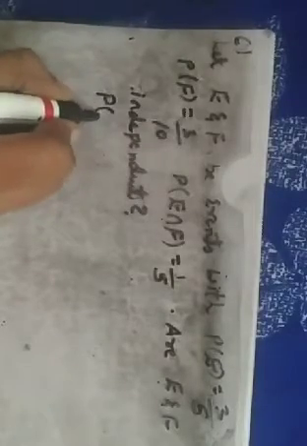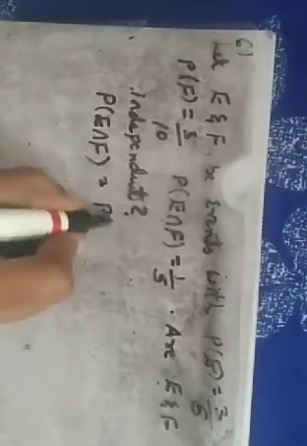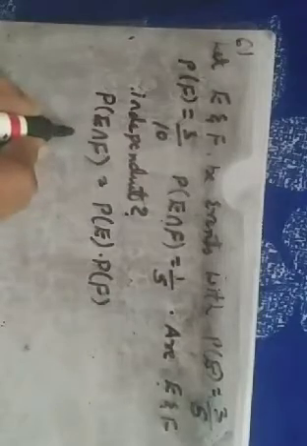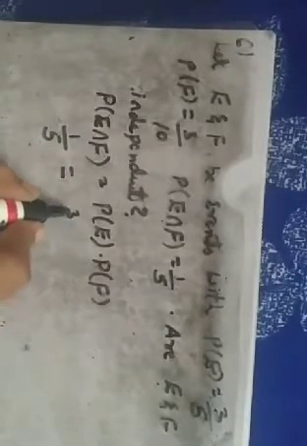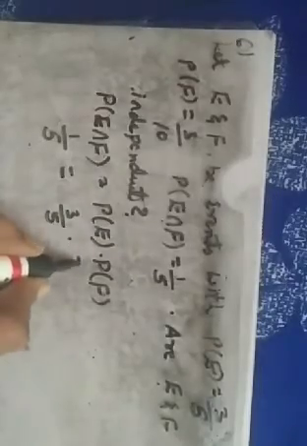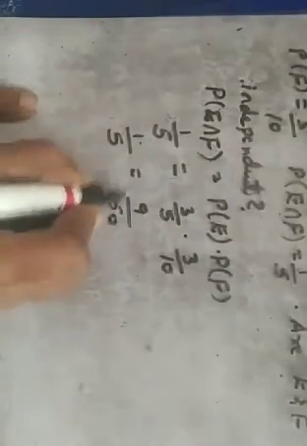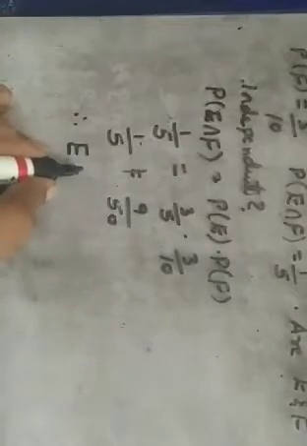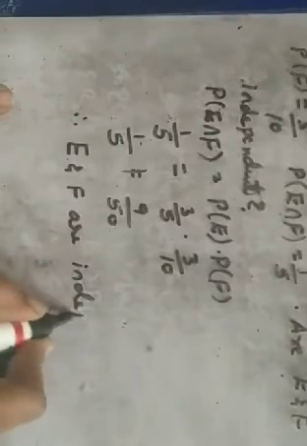Use the formula. P of E intersection F is equal to P of E into P of F. E intersection F is 1 by 5, is equal to 3 by 5 into 3 by 10. 1 by 5 is equal to 9 by 50, which they are not equal. Therefore, E and F are independent.